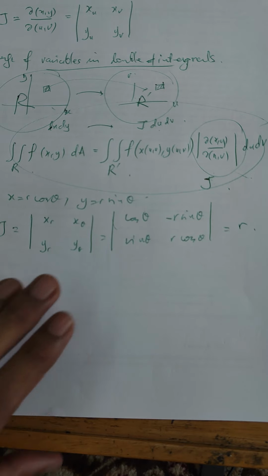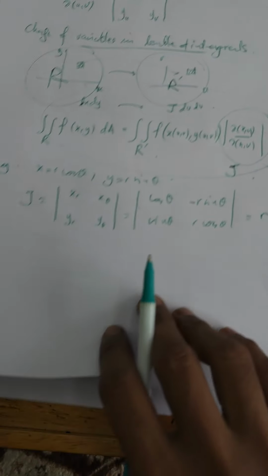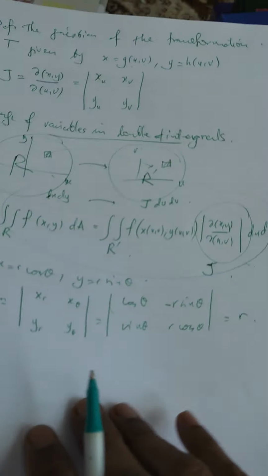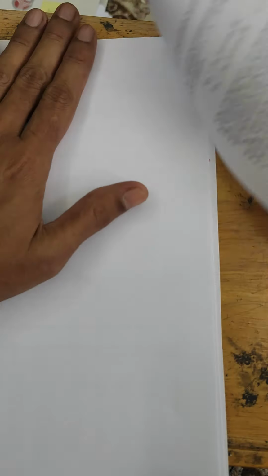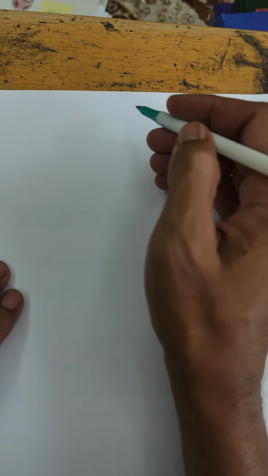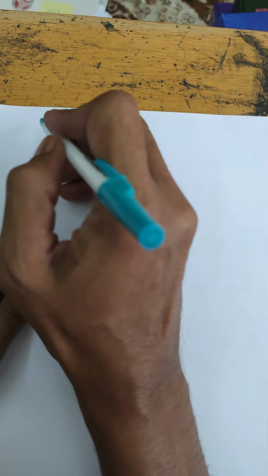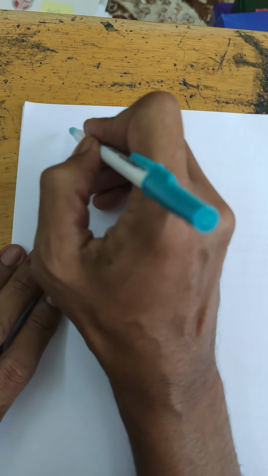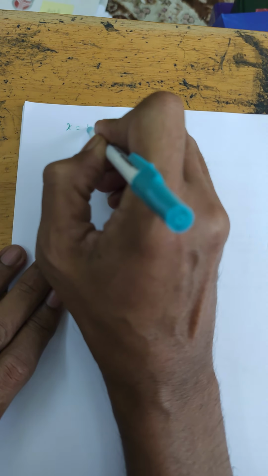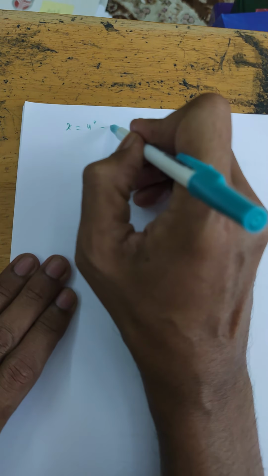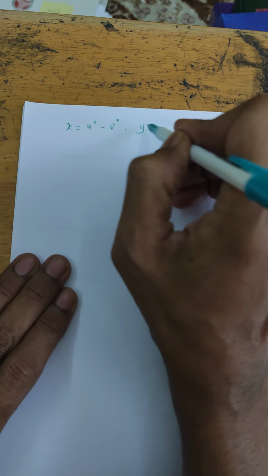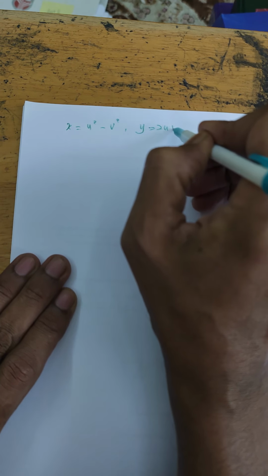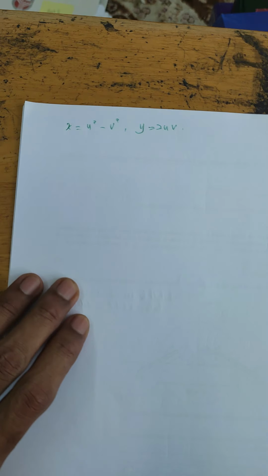Another example we have in your notes there. Let's say x equals u squared minus v squared, y equals 2uv.